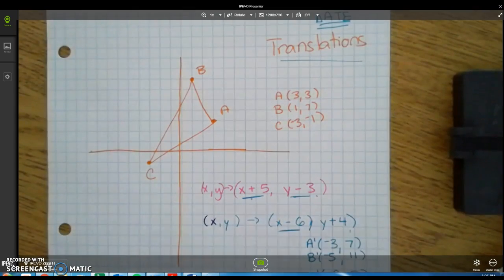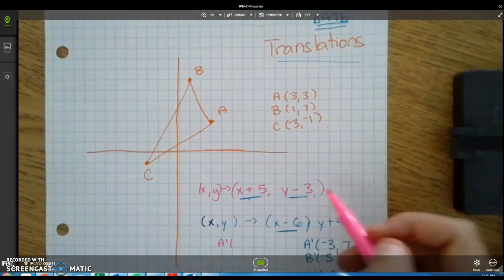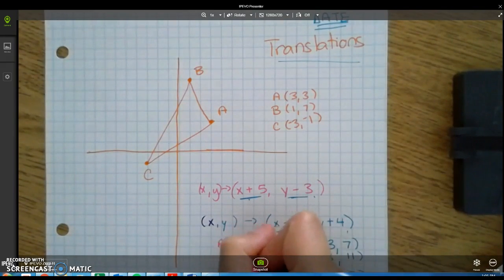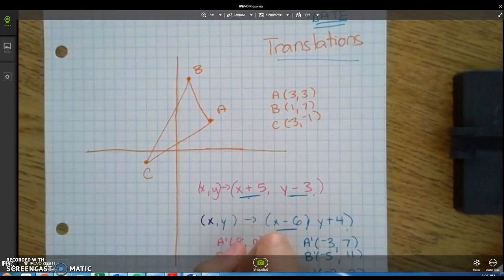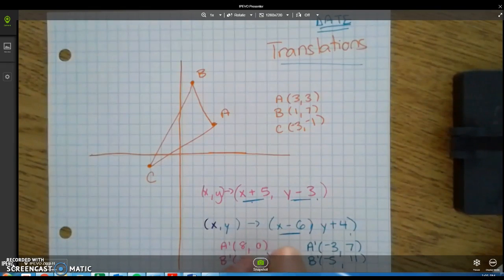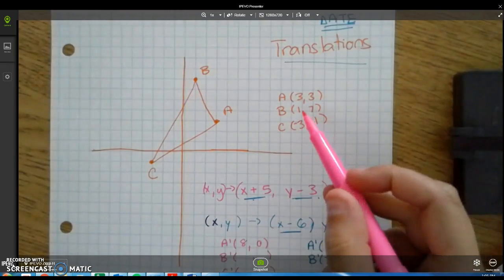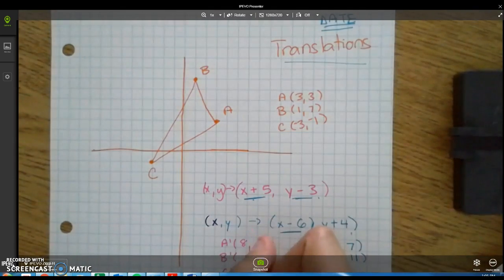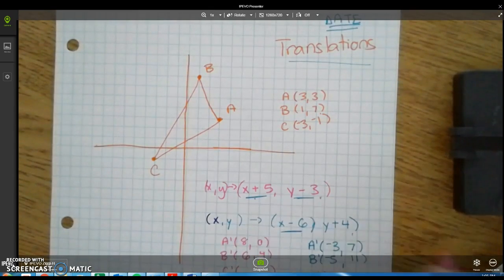I'm going to go ahead and do the pink one and plot them both at one time. Over here I've got plus 5. That's 8. Minus 3. One plus 5 is 6. 7 plus minus 3 is 4.